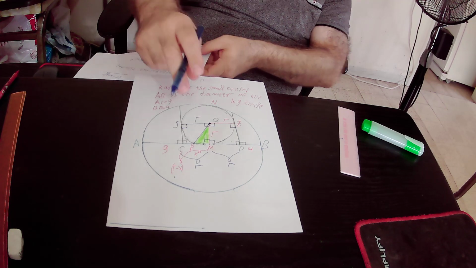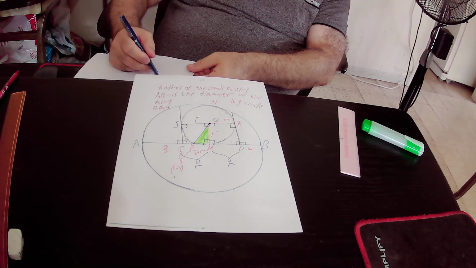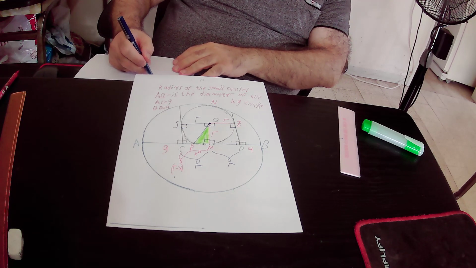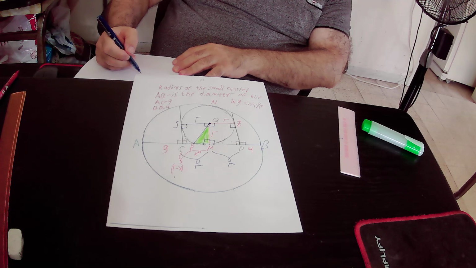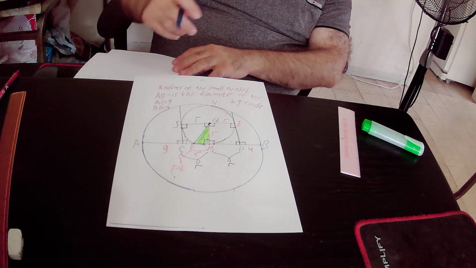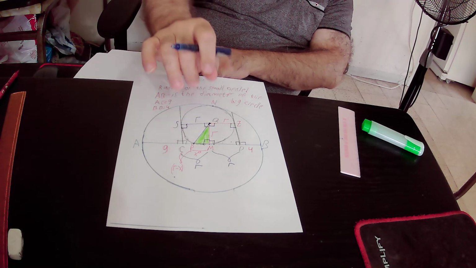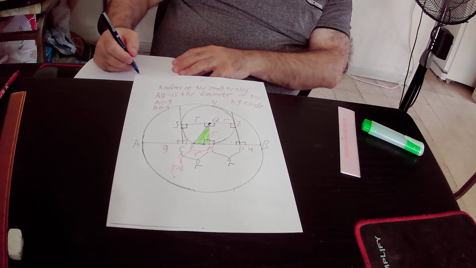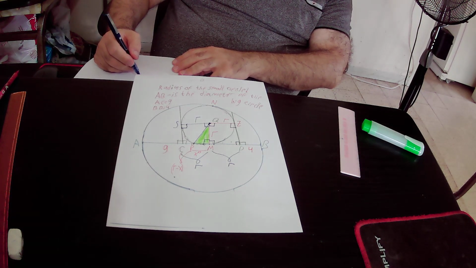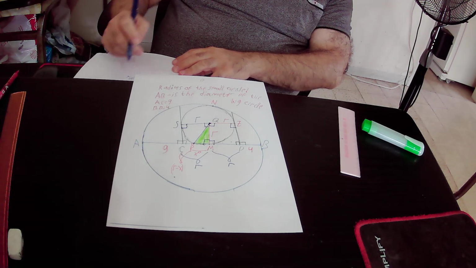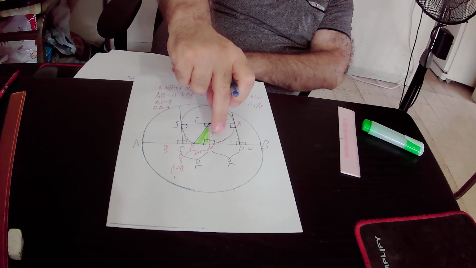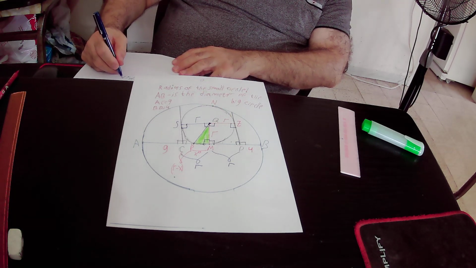But we have already found out that PQ equals 6.5 units, so PQ square is 6.5 square. PM equals x, and we have already found out that x equals 2.5, so PM square is 2.5 square, and QM is the radius of the small circle, so QM square is r square.